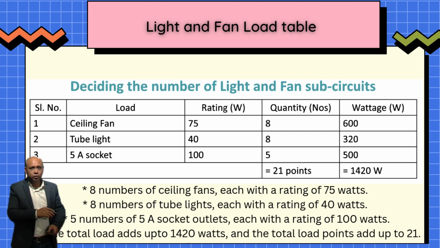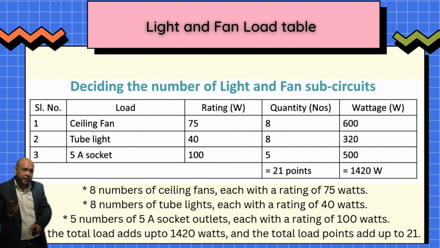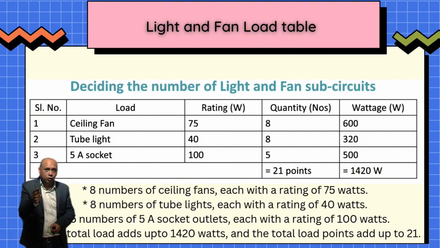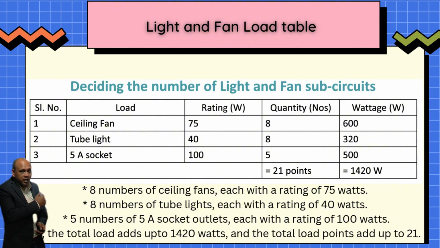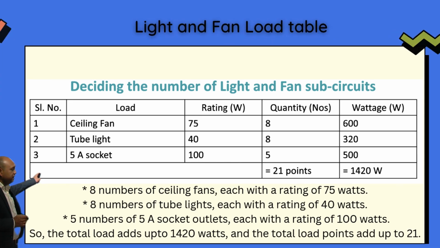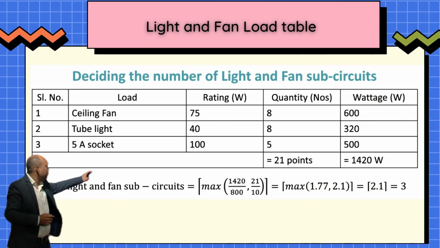Now, as per the rules, in any light and fan subcircuit, the total load should not exceed 800 watts or 10 points. Therefore, using the equation that we have discussed before, the total number of light and fan subcircuits comes out to be 3.